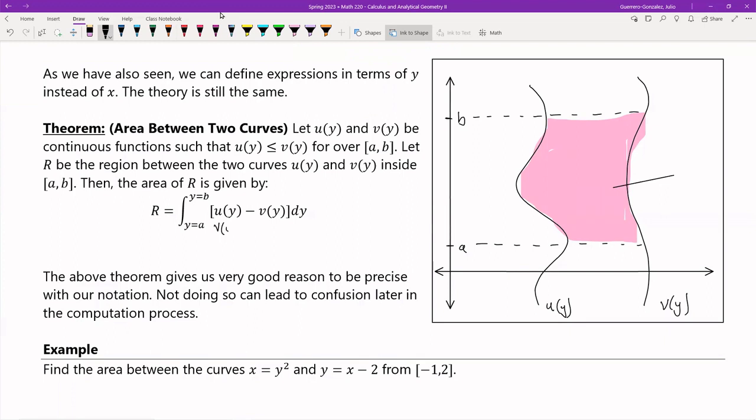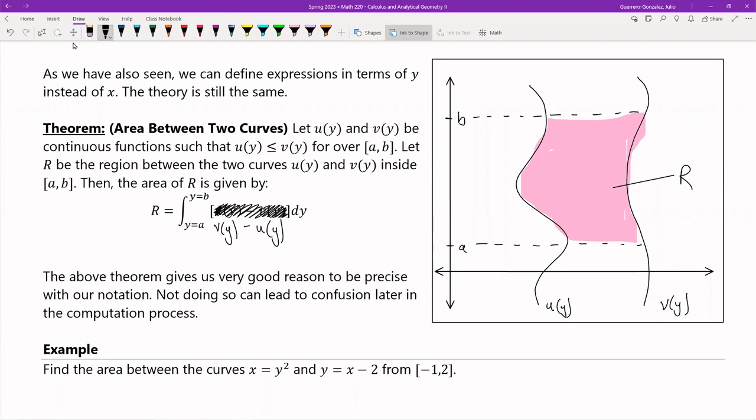It's supposed to be v of y minus u of y. I will make the change, that's my bad, that's a big old typo. So it's the same sort of theory. That's going to be my R region. You still are thinking in terms of the high function and the low function. But the theory, like I said, doesn't change.